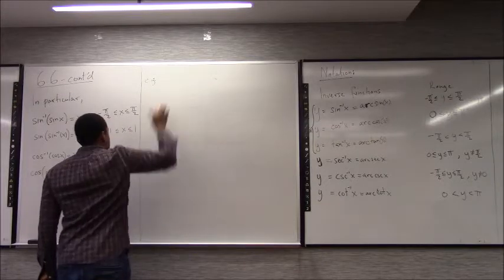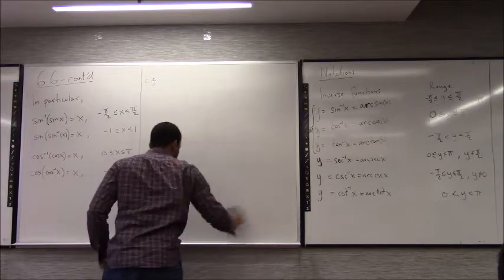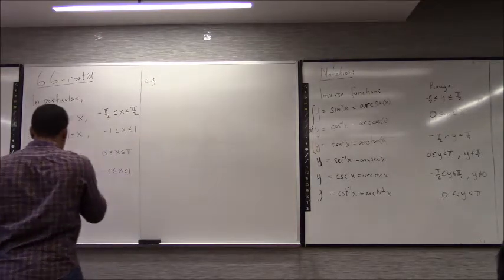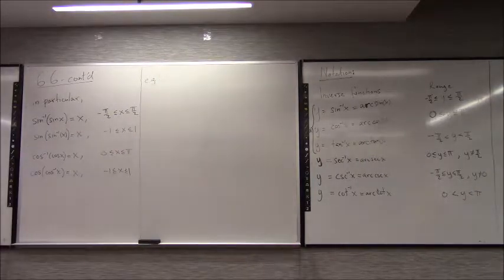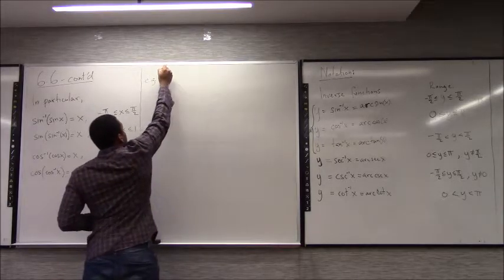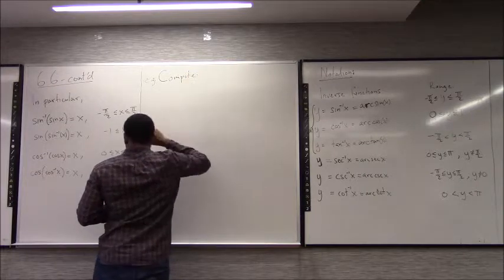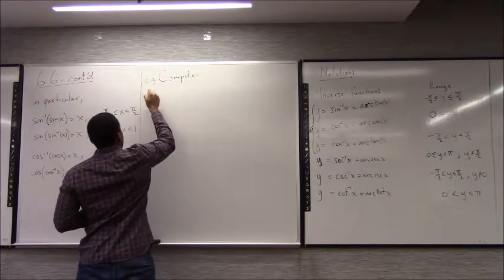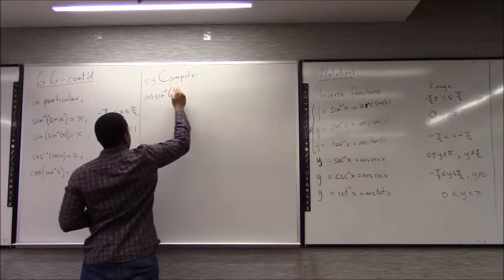Let's do some examples. Let's make sure we actually know how to find some inverse trig values. Probably still a bit of recap from a couple classes ago, but let's just make sure we're all on the same page here. Let's find sine inverse of a half.